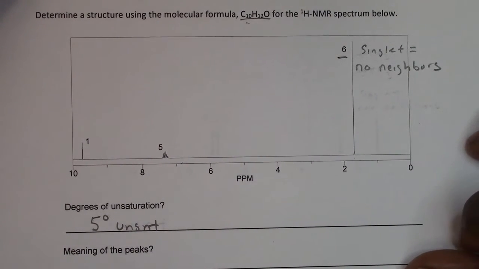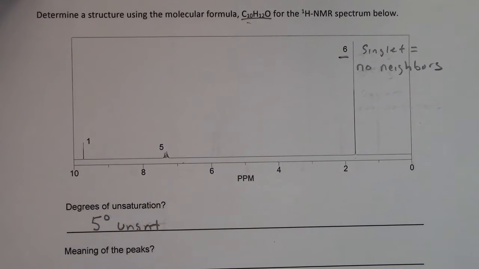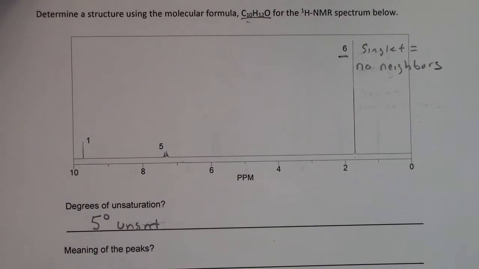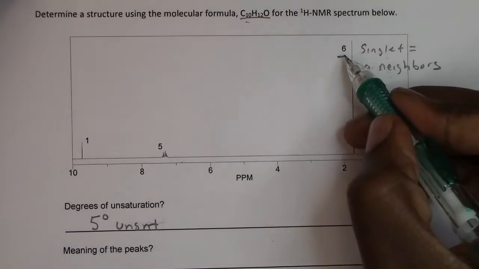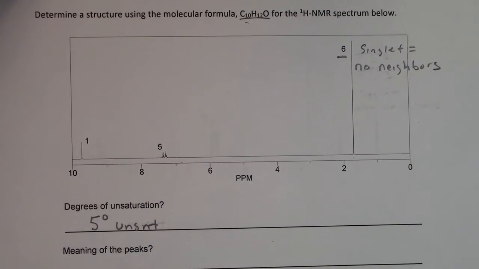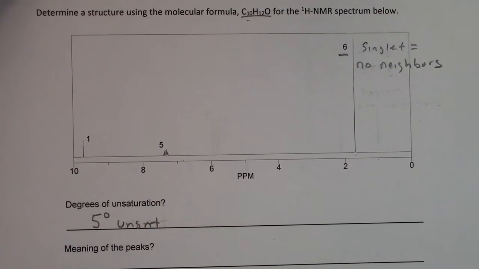Also note that this integration value is 6, and that means there has to be some symmetry associated with these hydrogens, because we can never have 6 hydrogens attached to 1 carbon.